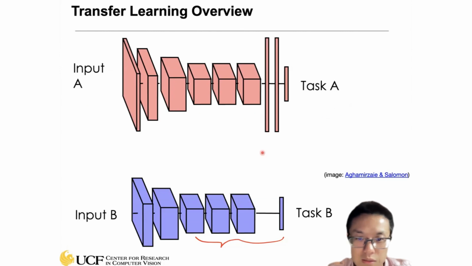Now we have a target data set, which we call B, so we have a target input B. Let's make another example. We want to do chest X-ray tumor detection or classification. So how can we leverage this pre-trained model for our specific task at hand? That is the notion called transfer learning.